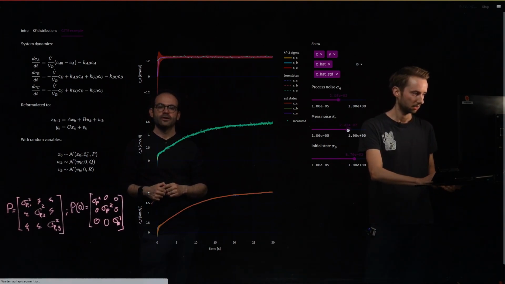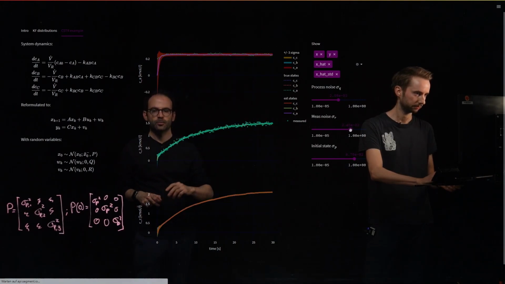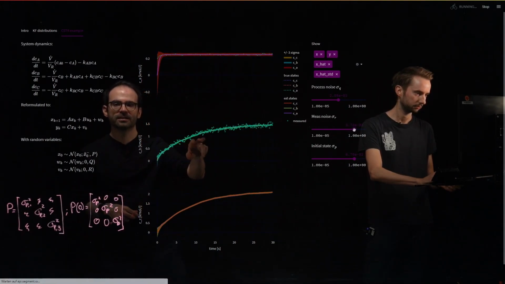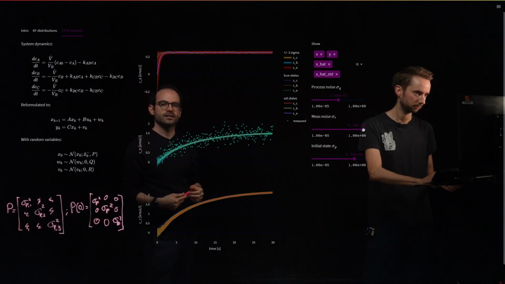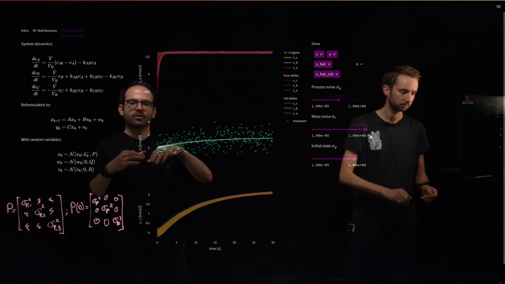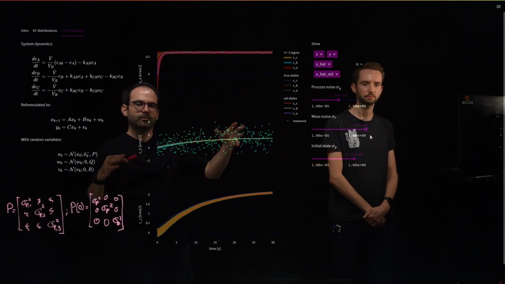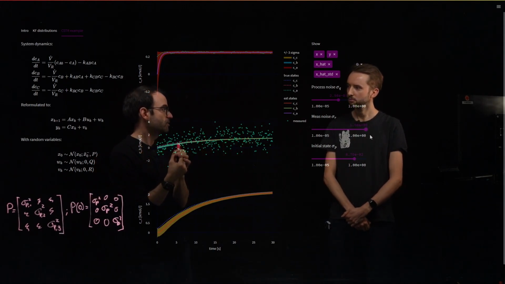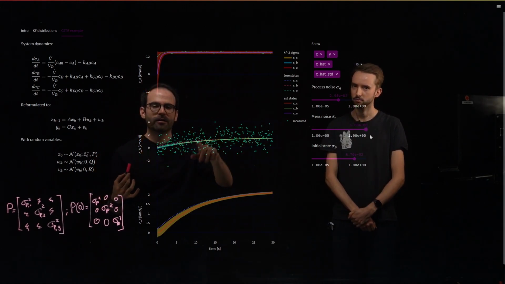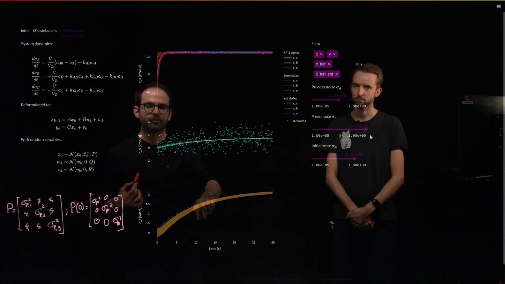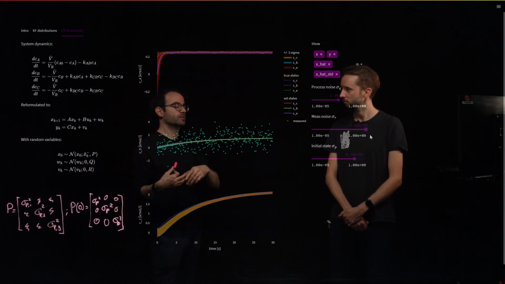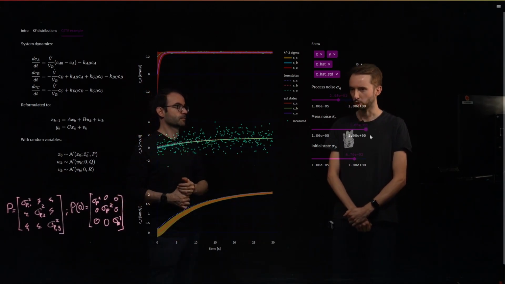Exactly. So if we increase the measurement noise now, you will see that the noise increases. And the effect that we see in the estimator is that because we are not gaining so much information from our measurements, it takes longer for our estimates to converge to the real state trajectories. Right, that makes sense.